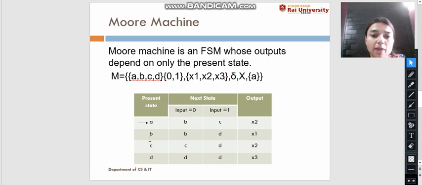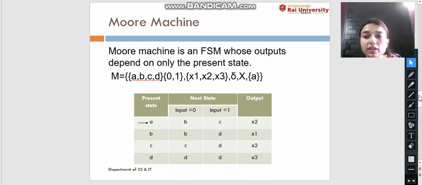Similarly if you are in present state B, on giving 0 you remain in B and on giving 1 you reach D, and the output is x1. In C, on giving 0 you stay at C and on giving 1 you reach D, and the output associated with present state C is x2. In present state D, if you give 0 you reach D itself and if you give 1 you reach D itself. And the output associated with it is x3.